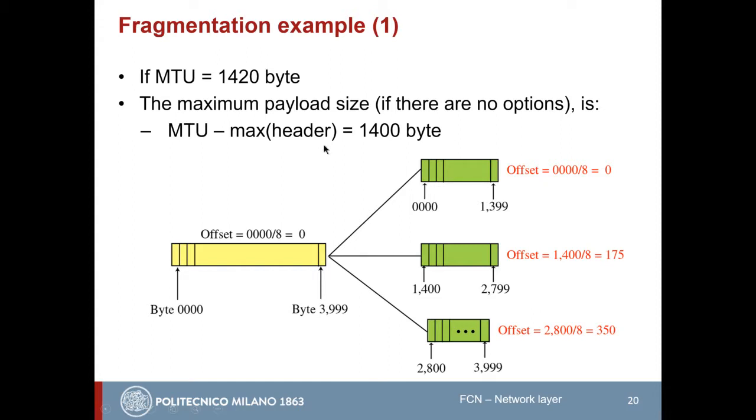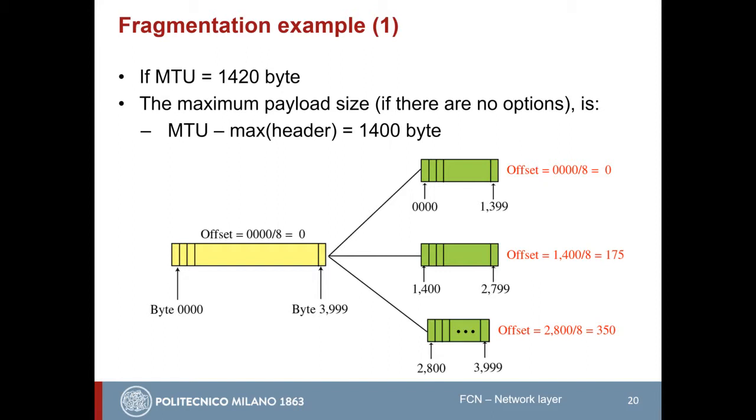So how many fragments do we have to generate? We have to divide the original length of the payload by this number that we have calculated, in this case 1,400, and then since we can only generate an integer number of fragments, obviously, we have to take the smallest integer greater than this ratio.